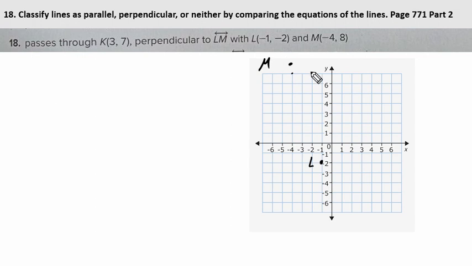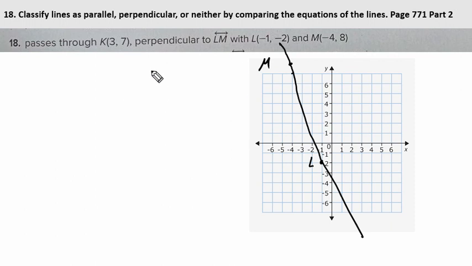So this is your point M, right? Now if I draw from left to right, and you look at this roughly, the graph is going down, right? This is a rough graph because I'm not using the ruler.